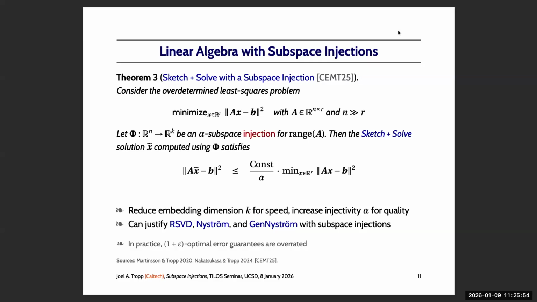But in fact, you can also do low-rank matrix approximation with subspace injections. You don't need this embedding property. That's overkill for all of the basic algorithms here. Okay, great. So in short, injections are enough to do randomized linear algebra, but we still don't know why somehow this is a happier definition than the one we started out with.